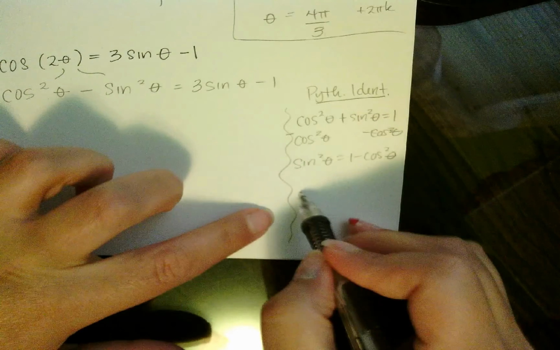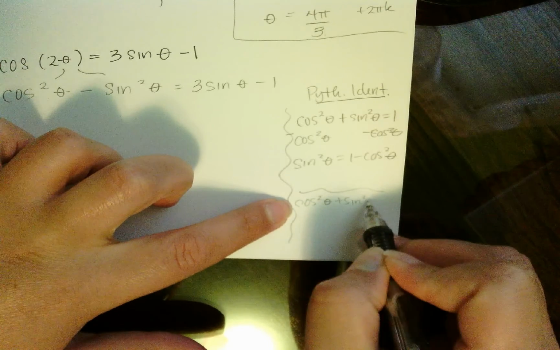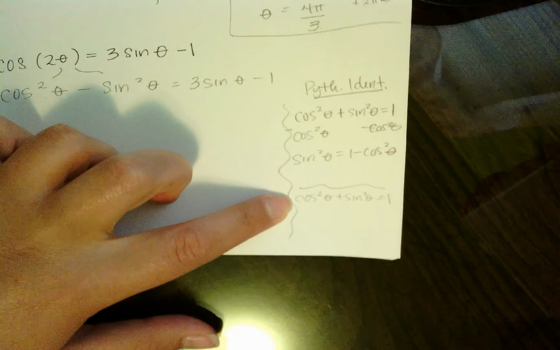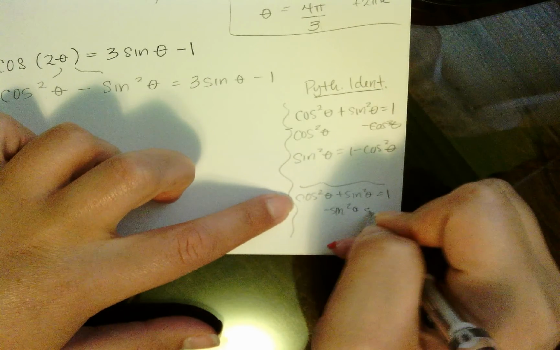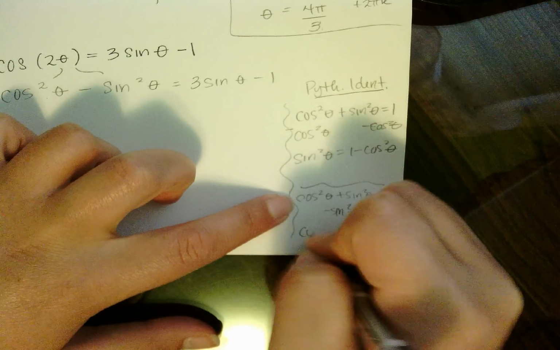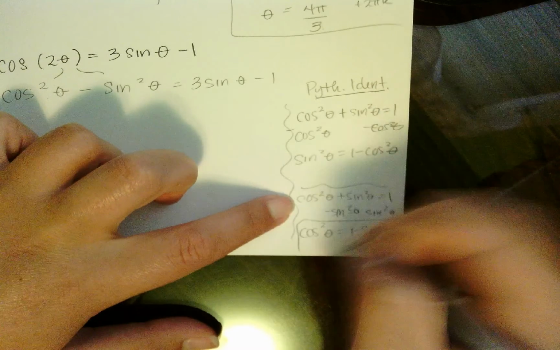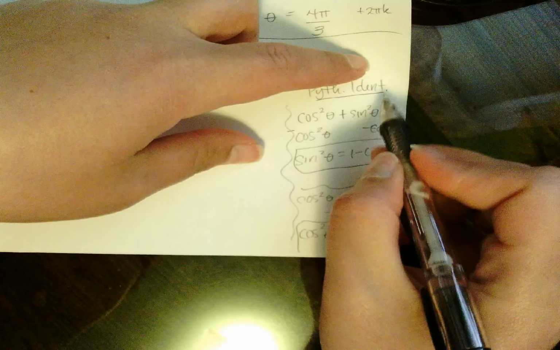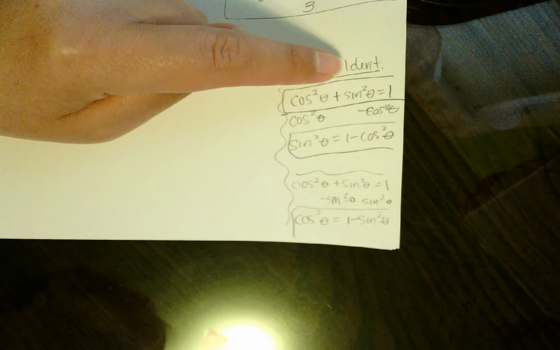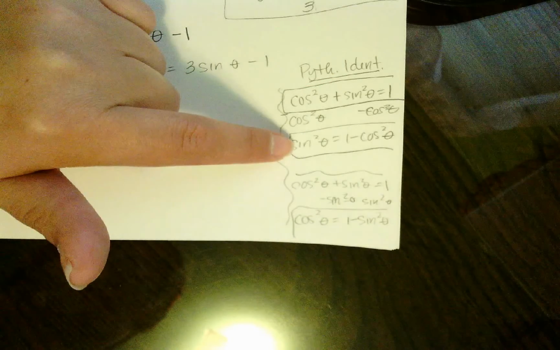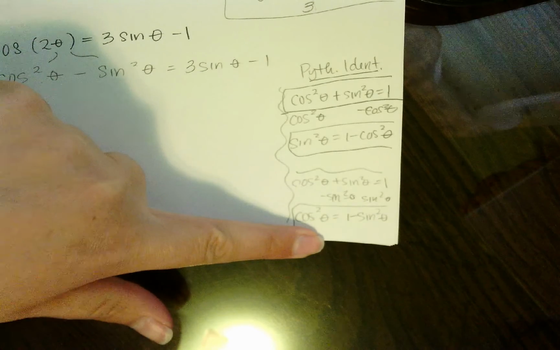Now if I wanted to solve for cosine squared, I would subtract sine squared from both sides. And cosine squared of theta equals 1 minus sine squared of theta. So you have those identities. If you see the number 1, you could totally replace it with cosine squared plus sine squared. If you see sine squared, you can replace it with 1 minus cosine squared. And if you see cosine squared, you can replace it with 1 minus sine squared.